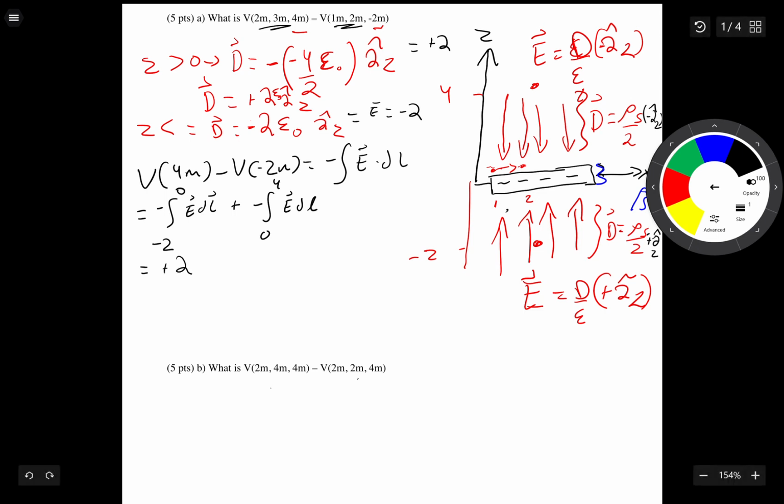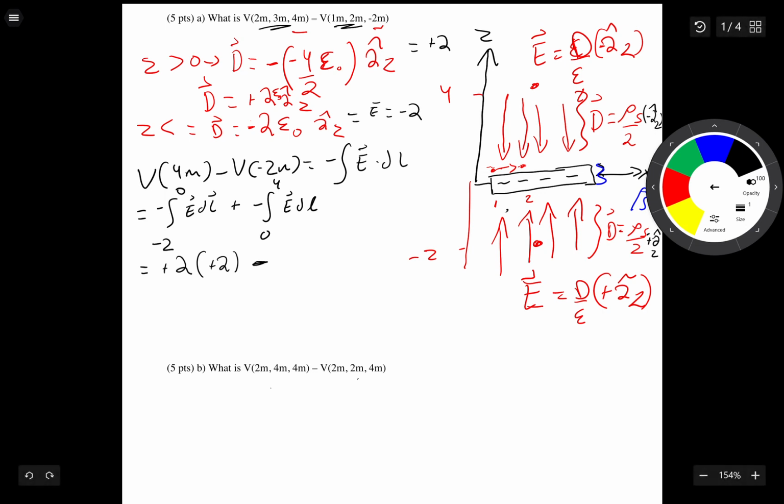I'm going to have +2 times the integral of dz, which gives me z, and I evaluate z from -2 to 0, which gives me 0 minus -2, a +2.